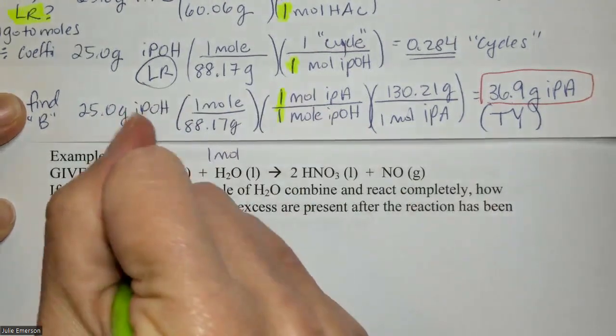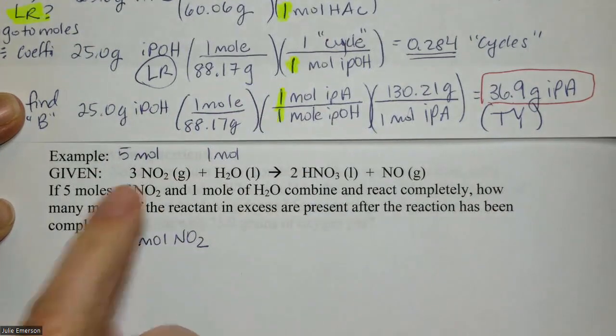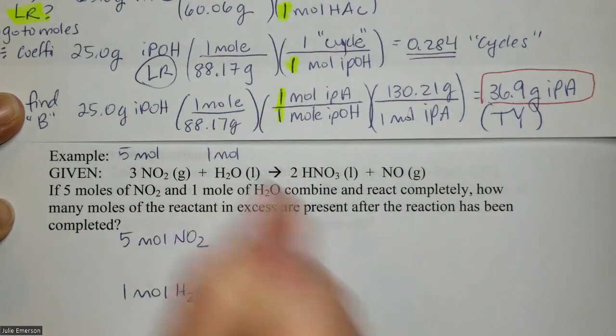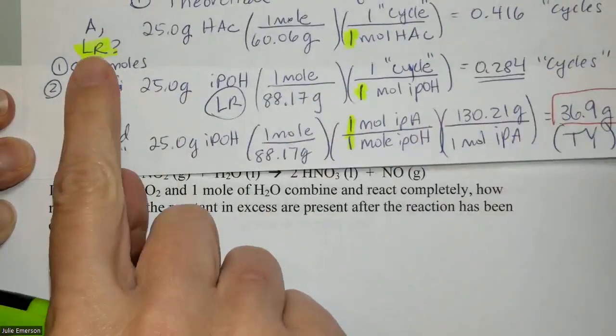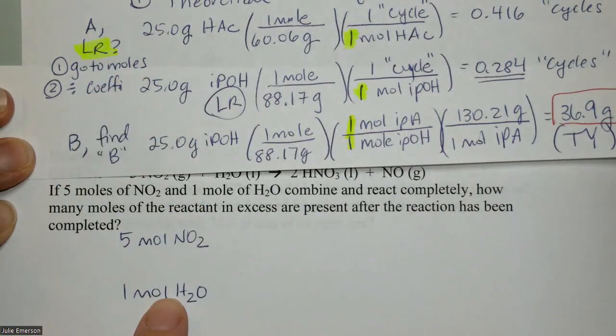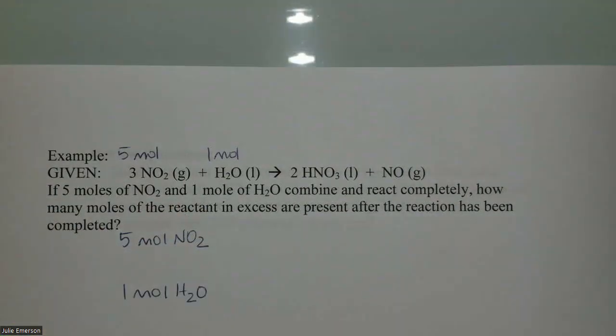So we have 5 moles of NO2. That's reactant A. We have 1 mole of water. Now, if I go back to our last example, I had said, okay, when you're trying to find the limiting reactant, go to moles first. Well, we already have moles, so we saved a step. The only thing we have to really evaluate here is the coefficient.